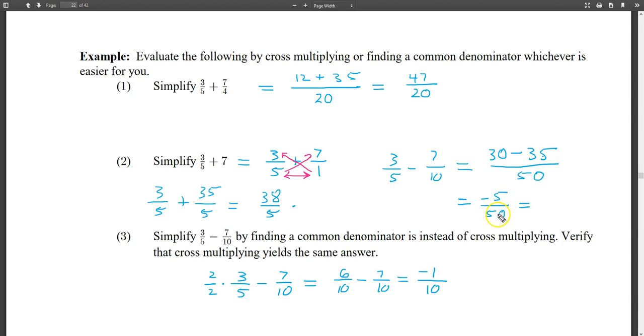And now 50 and 5 obviously have a common factor of 5, so if I cancel the 5 here, leaves me with 1. A 5 in the 50 leaves me with 10, and we get -1/10, which is obviously the same answer.